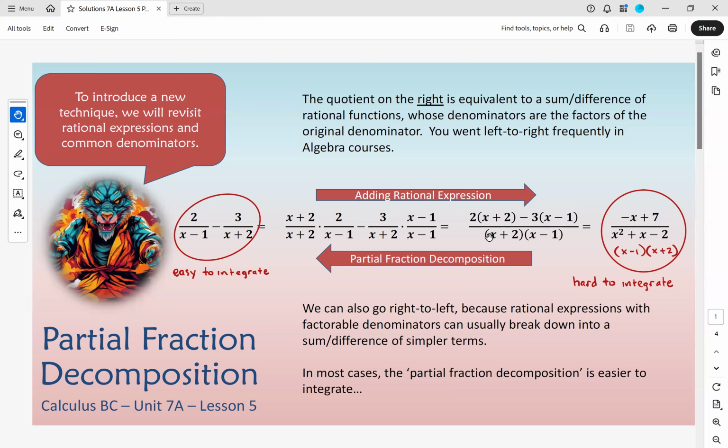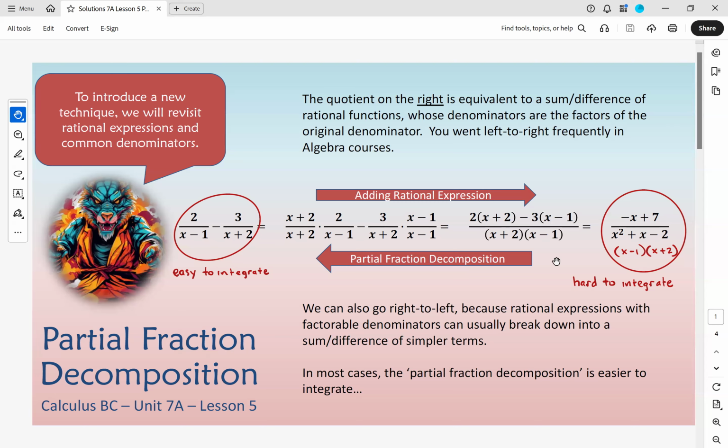We're very interested in this process because if you look at where we started and where we end up, it just so happens one of those forms is easy to integrate, one is harder to integrate. We actually prefer the version on the left side for integration. The version on the right, which is an answer your algebra teacher might have wanted from you that was considered simplified, is actually a lot more challenging to integrate.